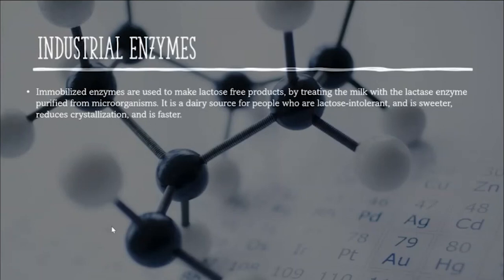Lactose products are going to be an important application of this, so treating milk with lactase. Lactase is extracted and purified from yeast and bacteria and bound to inert substances like alginate beads. And the milk is run over the enzyme repeatedly until it's completely purified.